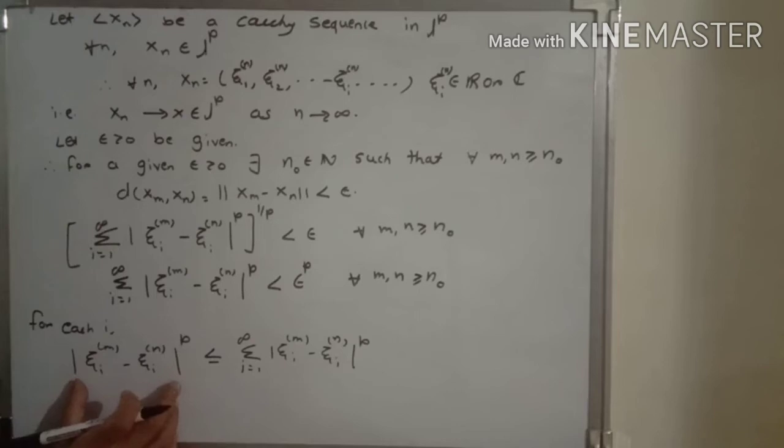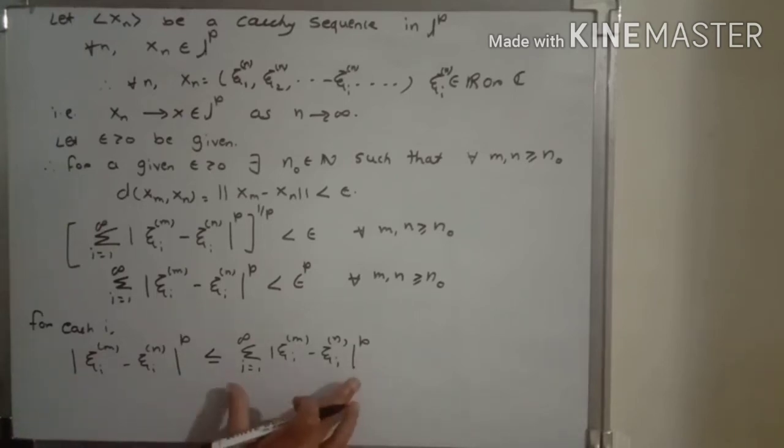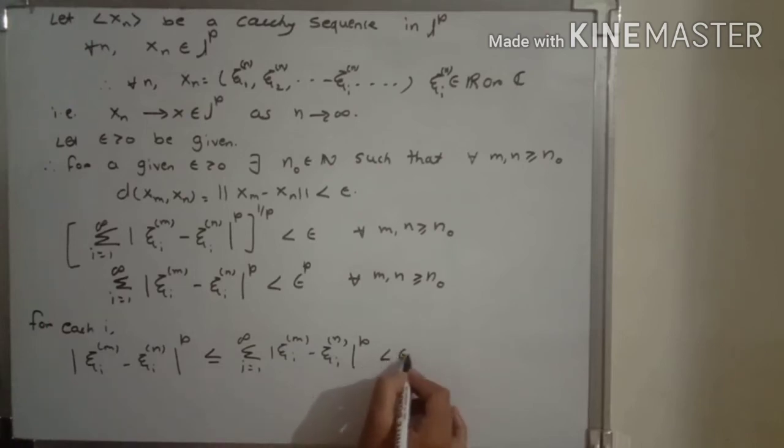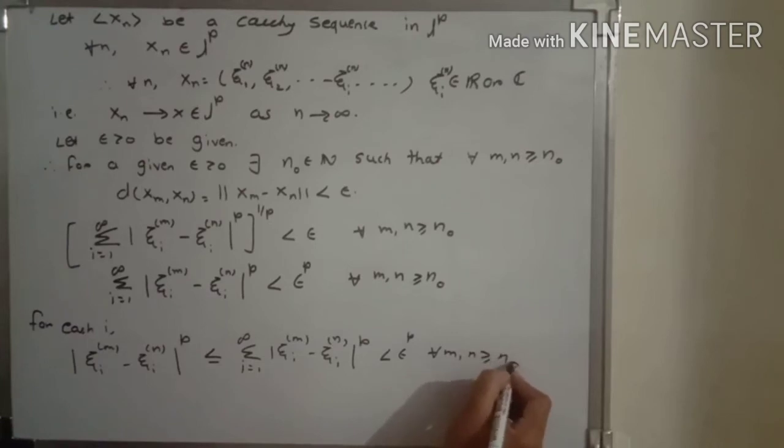Each term is always lesser than the sum of all the terms, and this sum is lesser than epsilon to the power p for all m, n greater than or equal to n naught.